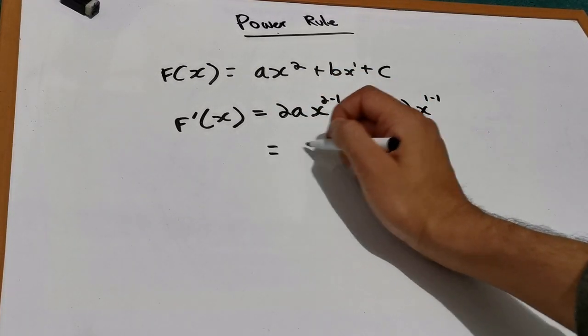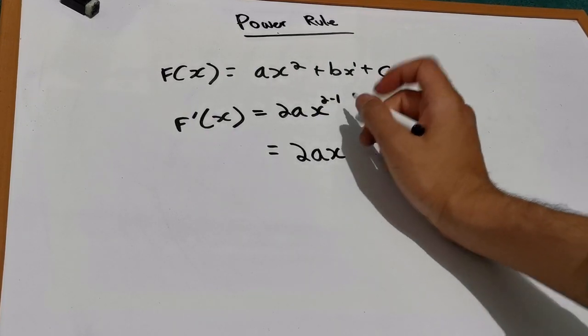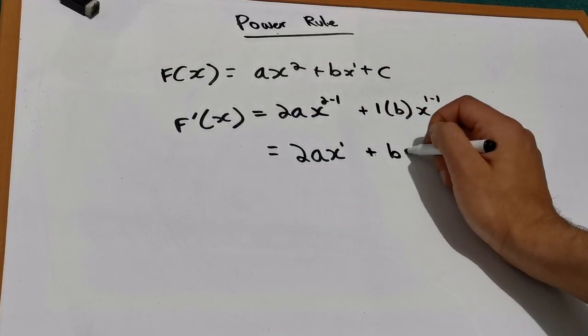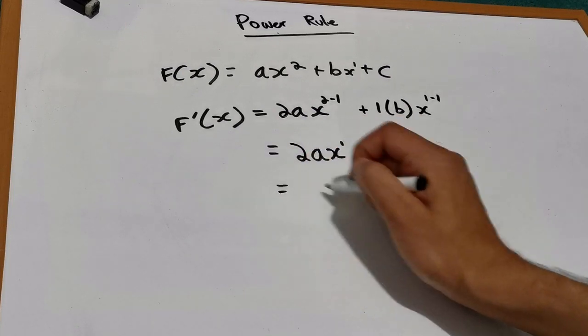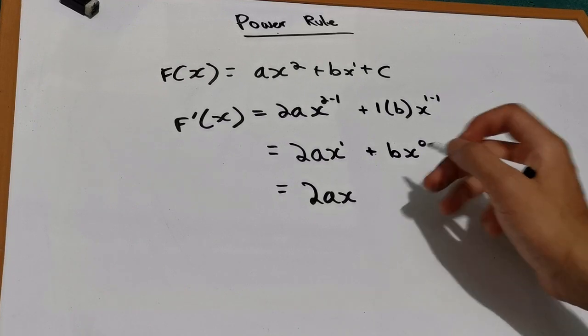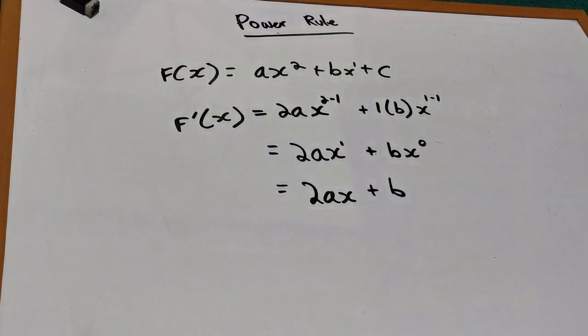Now if you simplify this, you're left with 2ax to the power of 1, add bx to the power of 0. And as you know, anything to the power of 0 is just 1. Therefore, the derivative is just 2ax add b. So this is the derivative of any quadratic. And as you can see, it's really very easy to do.